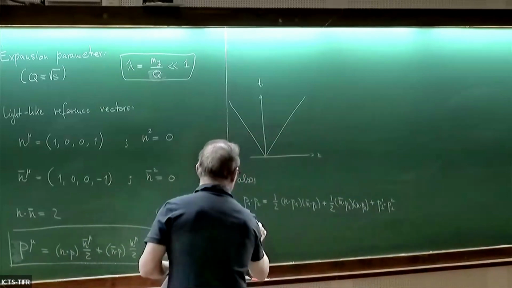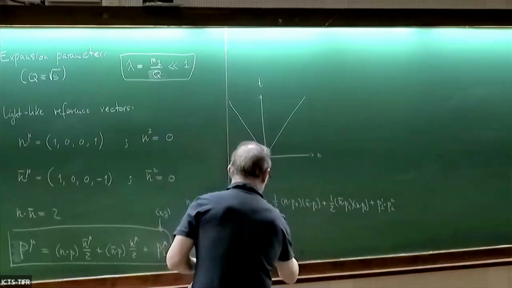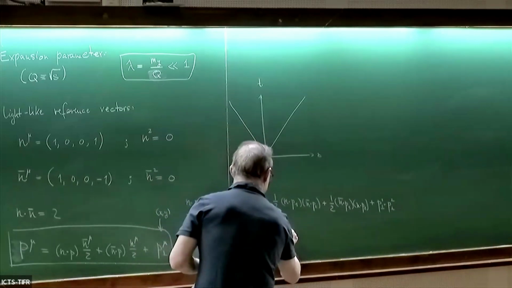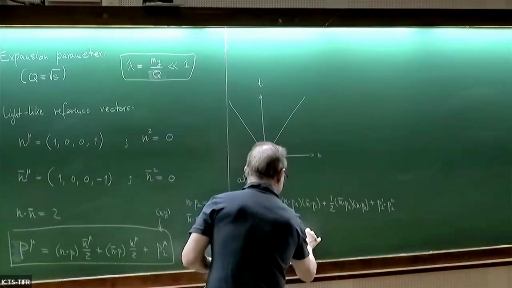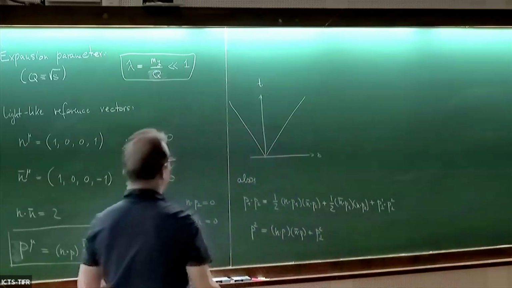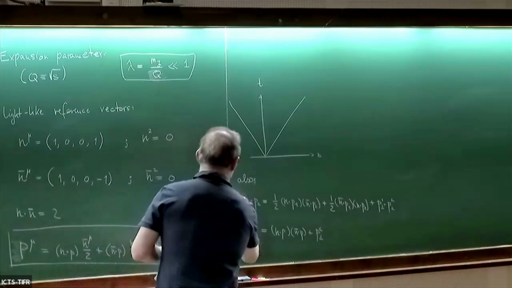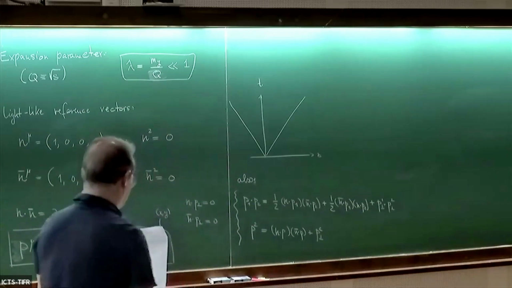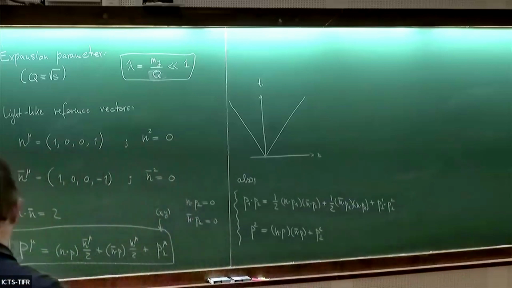And when you square a vector, this reduces to n dot p n bar dot p plus p perp squared. So these are simple rules, but we'll use them over and over again. So better get used to it.